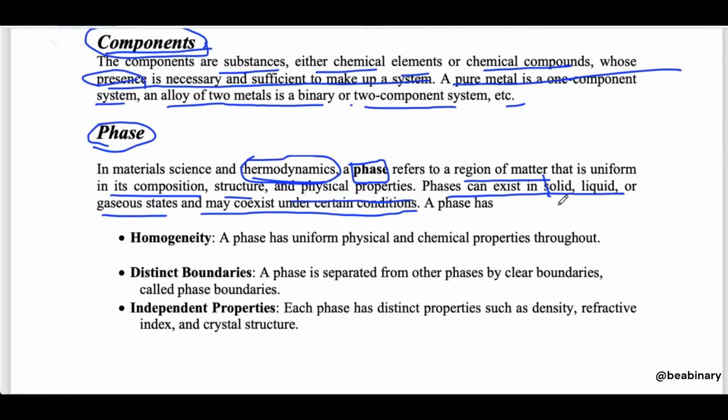A very common example is water. At the triple point of water you have solid, meaning ice, liquid, meaning water, and gas, meaning steam, all existing together. If you search on Google, you will find the values of pressure and temperature corresponding to the triple point of water, where all three phases exist together in equilibrium.